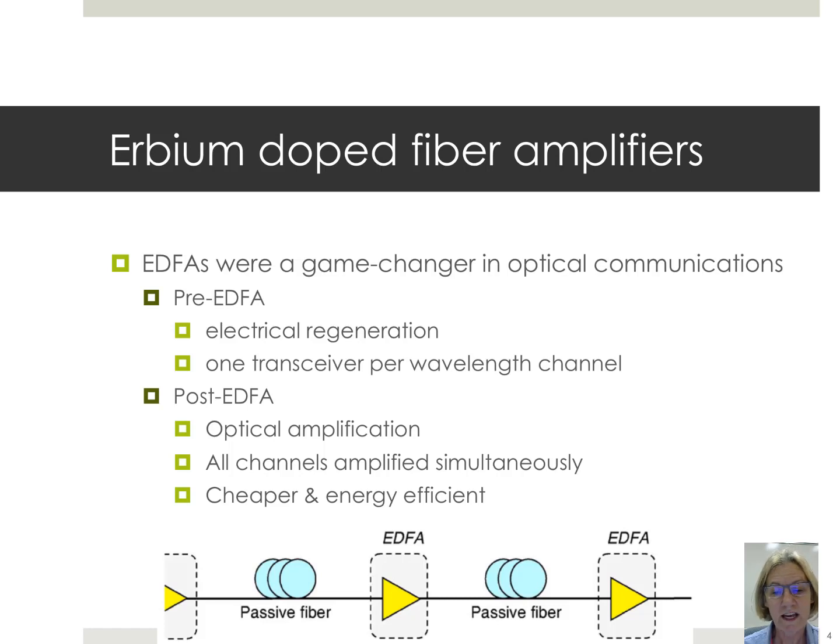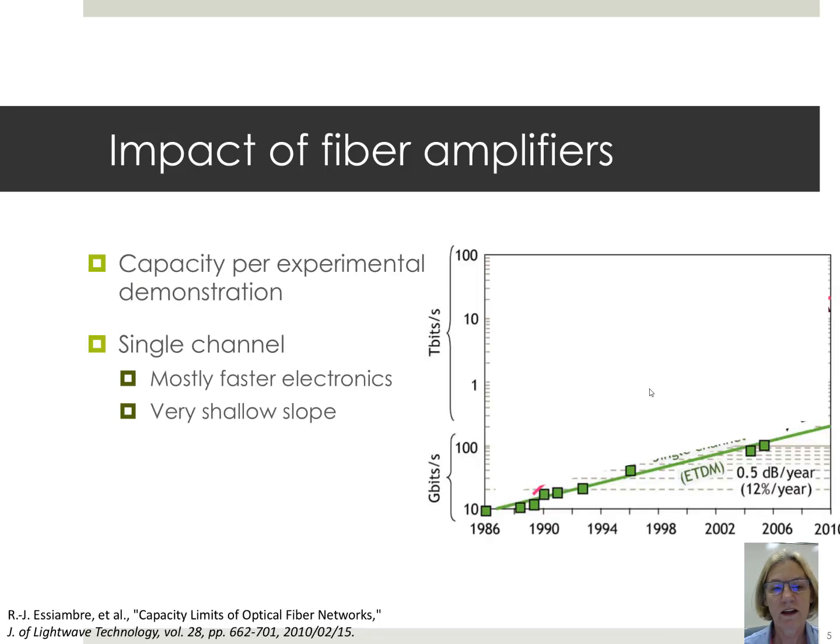So instead of having a transceiver pair for each wavelength, I had one EDFA that would amplify all of the channels. What this meant is that the marginal cost of having a wavelength became very low, and the cost per bit started going way down. And this was the second generation, if we will, of optical communications.